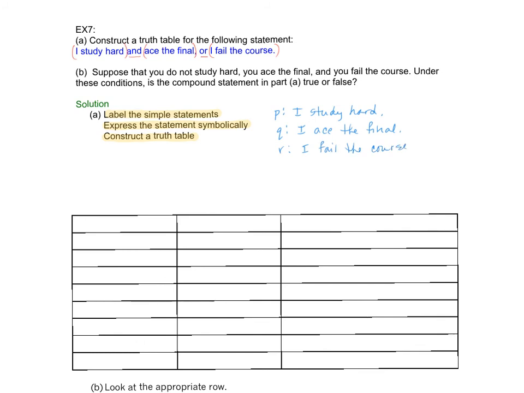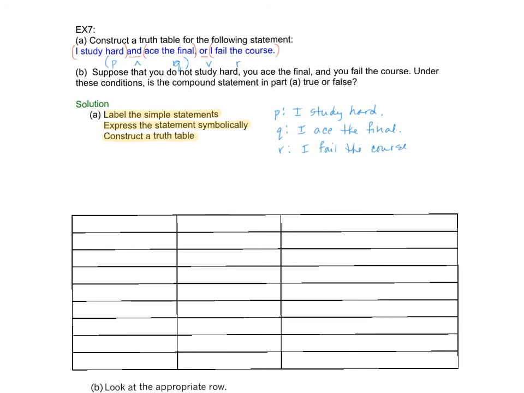Now that I've identified my simple statements, I can translate this. This is P and Q or R. I have two connectives. I need to put in my grouping symbols, but since I do have a comma, I know that P and Q are grouped together.